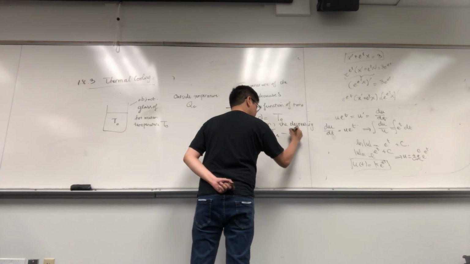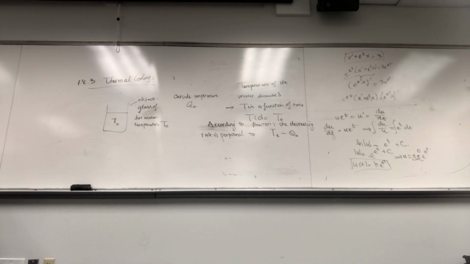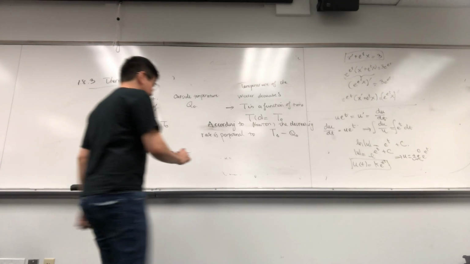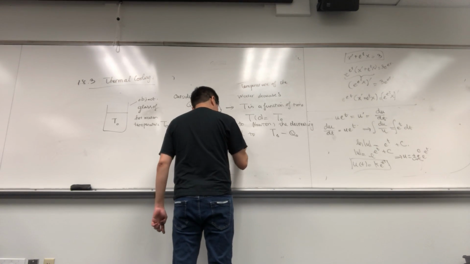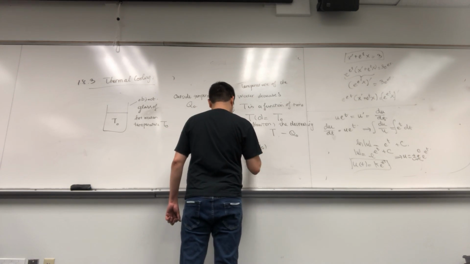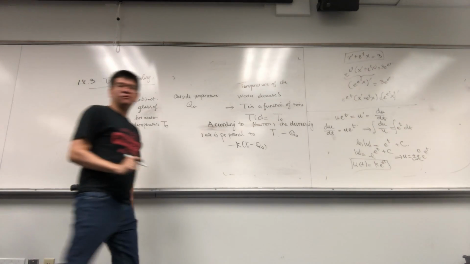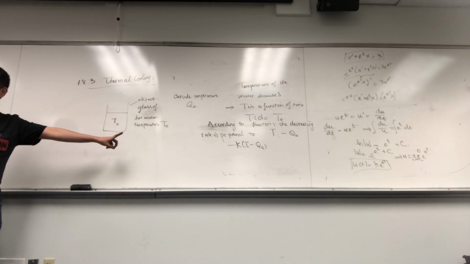So according to Newton, the rate of decreasing is proportional to the difference between the temperature of a glass of water and the surrounding environment. All right. So we're gonna call this minus k (T minus Q0).